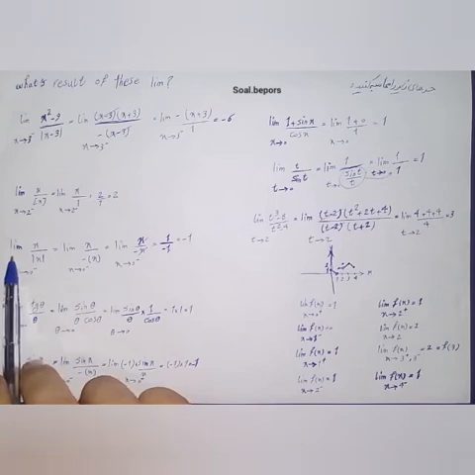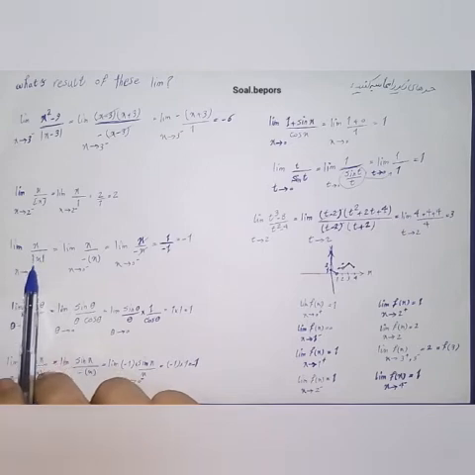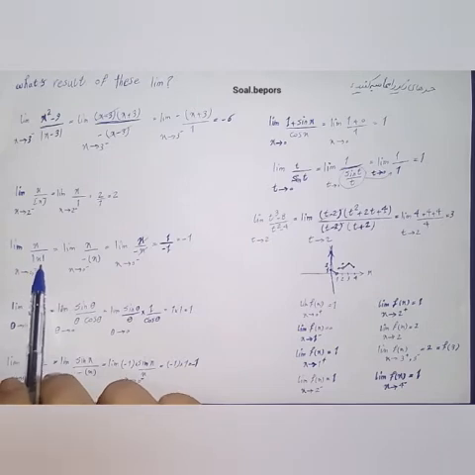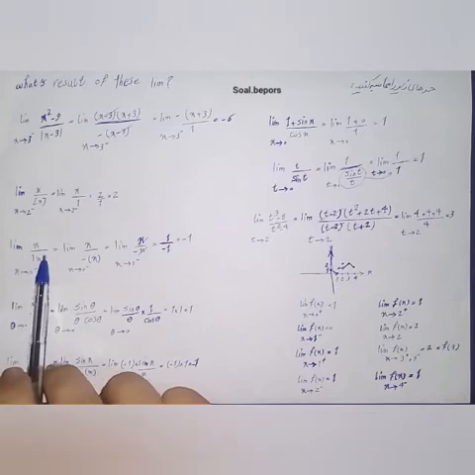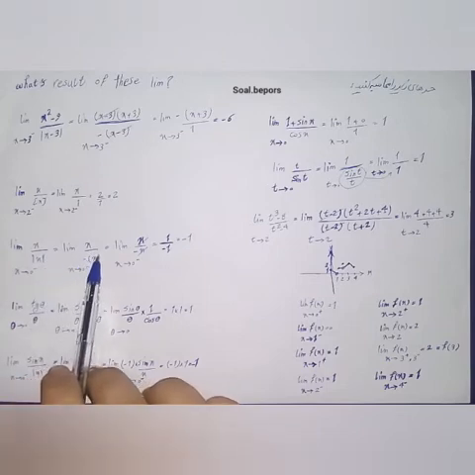Another example is the limit of x divided by absolute of x when x goes to 0 from left. We know that when x goes to 0 from left, x is negative, so we can delete the absolute and put minus instead of absolute.